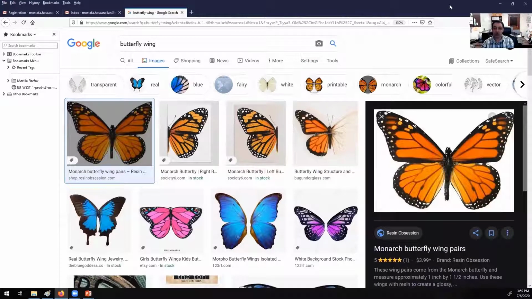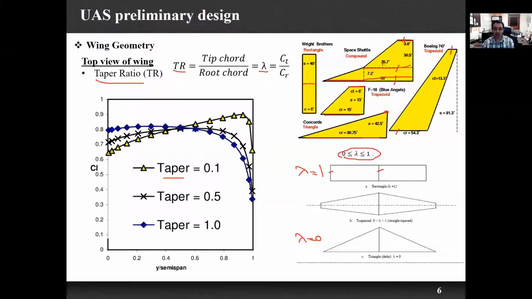So these are some types of natural organisms or species that have a higher value of the taper ratio, more than 1. The taper ratio usually changes from 0 to 1 for airplanes, but for flapping wing drones, specifically those whose wings are inspired by butterflies, the taper ratio is more than 1.